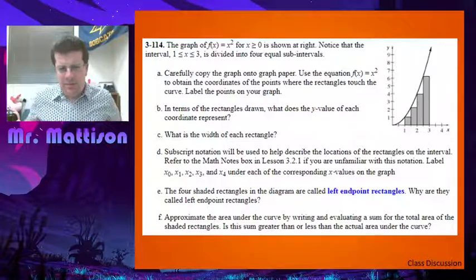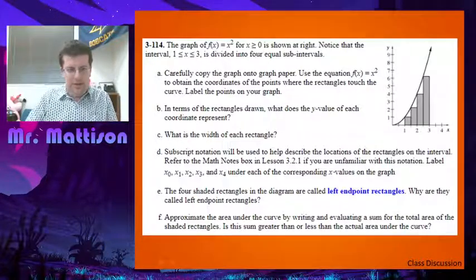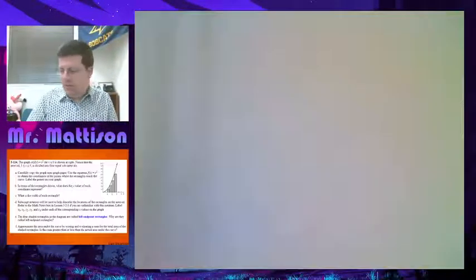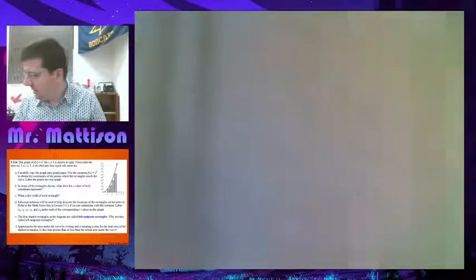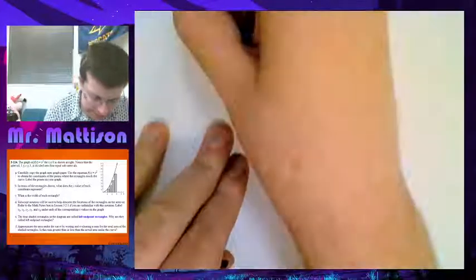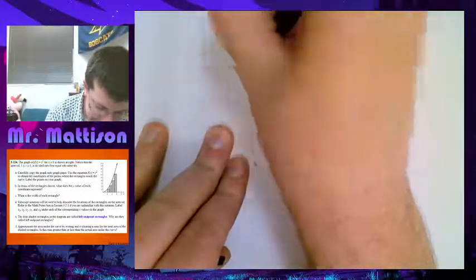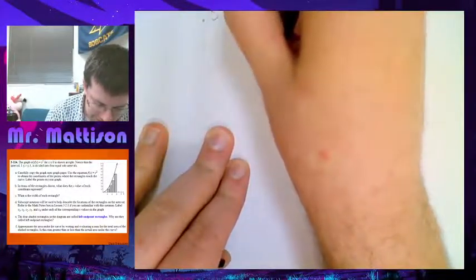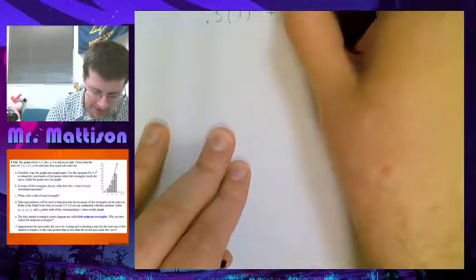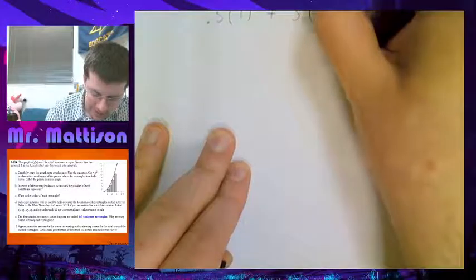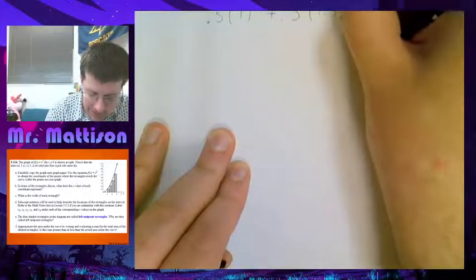I'm going to take us to a different screen, and we're going to write that out. So we said the first one is 0.5 times 1 squared, right? Then our second one is 0.5 times 1.5 squared.